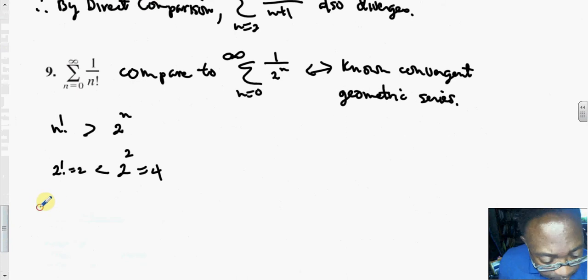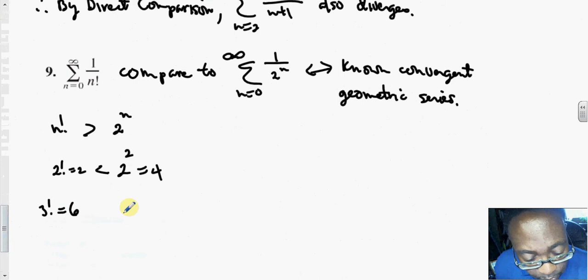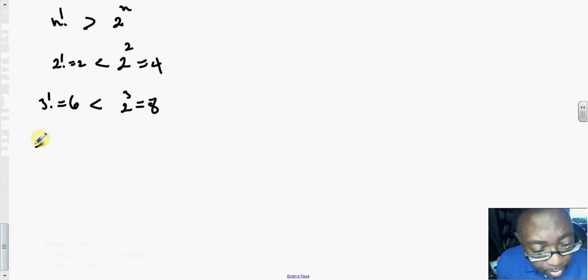What about 3 factorial? Well, that's 6. What is that in comparison to 2 to the 3? Well, this is 8. So this is also less than. What about 4 factorial? That gives us 24.